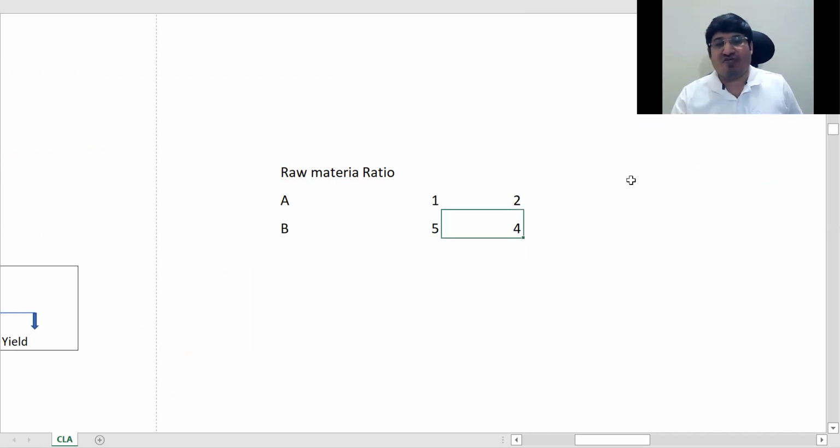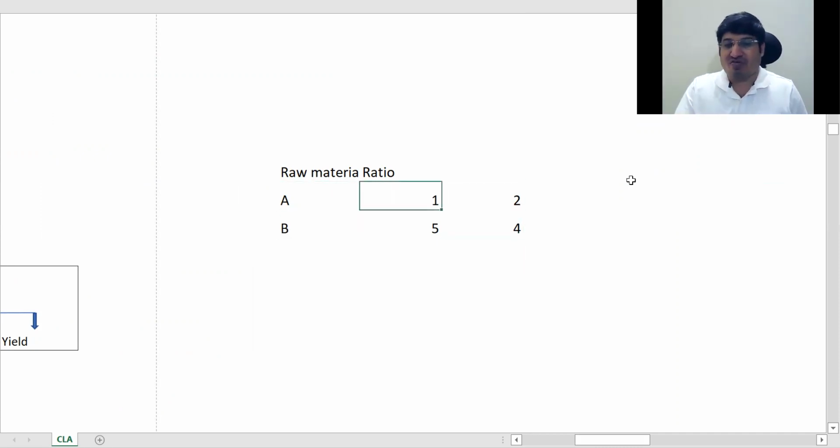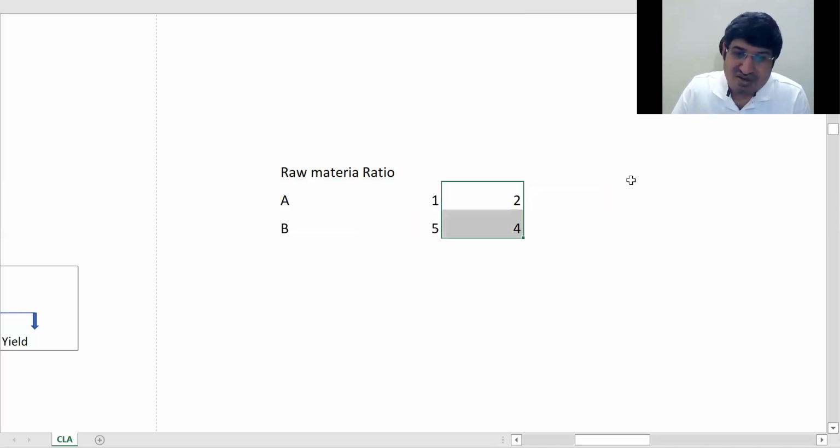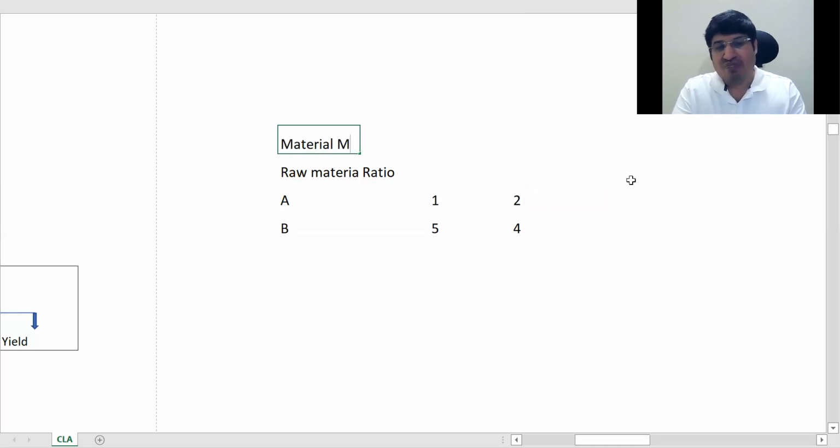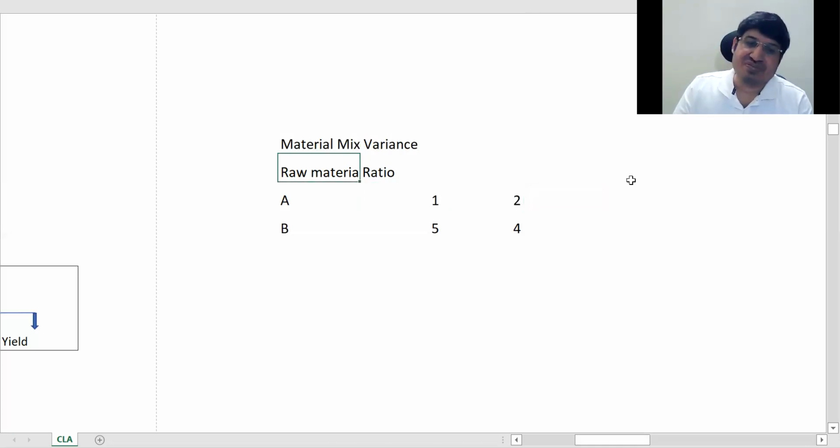Now the cost of A will be different from the cost of B. So although this is also 6 kgs, there will be a change in price. This has been caused by material mix variance. The variance will now be called material mix variance.